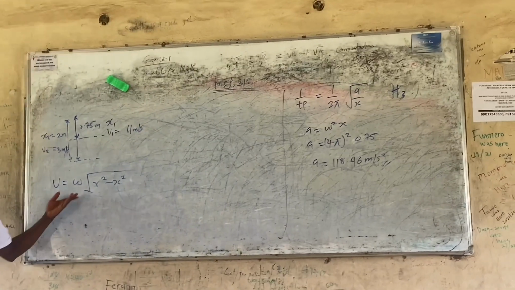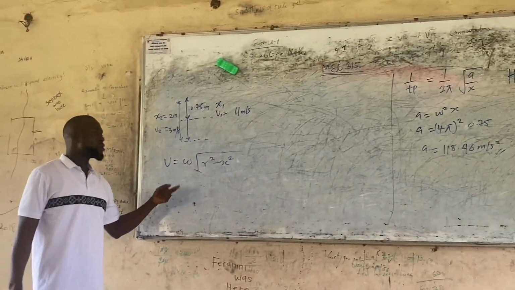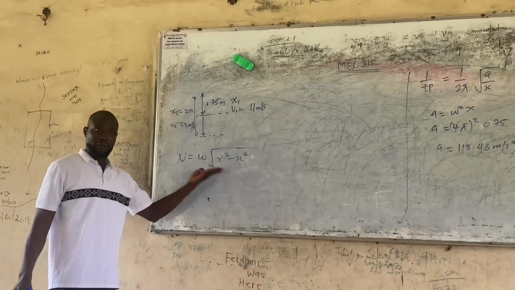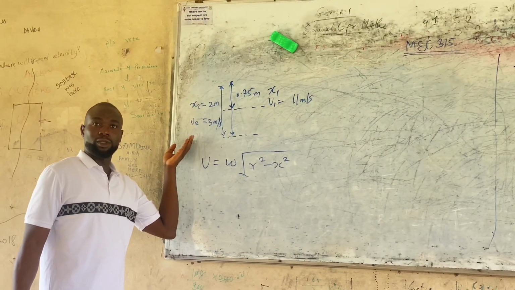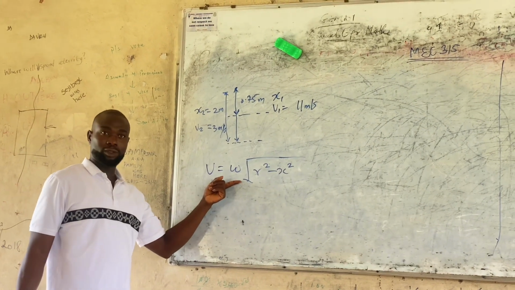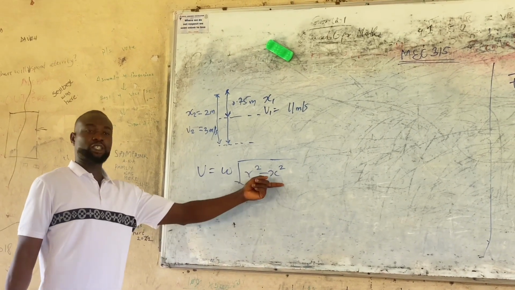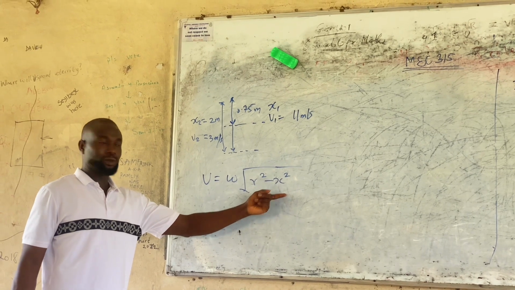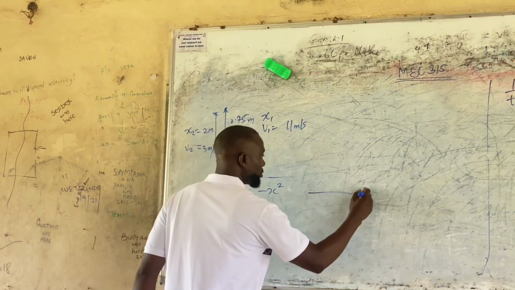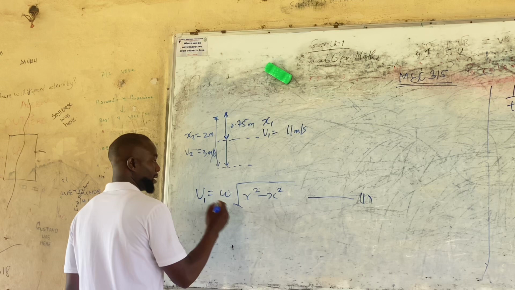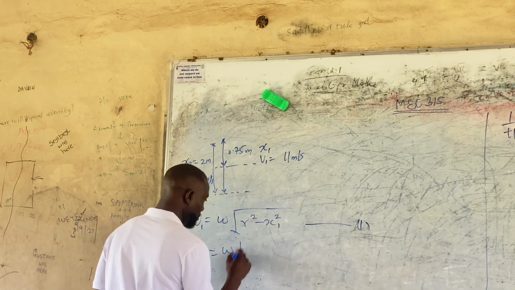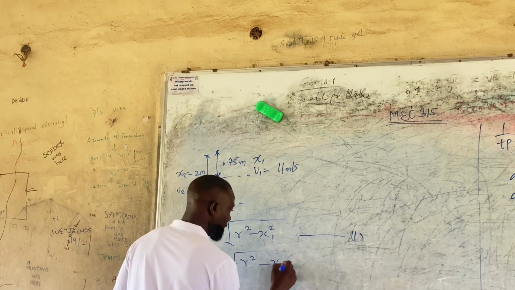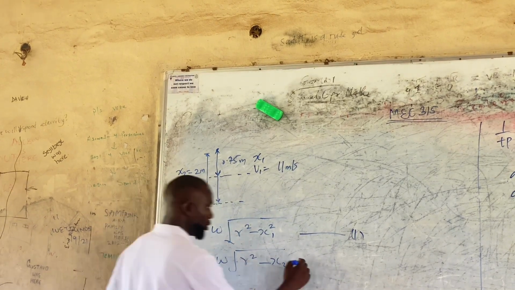We have to find angular velocity. But we are given V1. This is how we used to find our V. But in this question, we have V1, V2, and we have to look for W. We have x1, x2. Let's say equation 1: V1 equals W square root of R squared minus x1 squared.